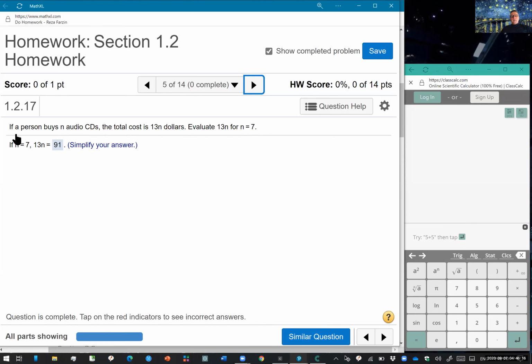And learn it. So if a person buys N audio CDs, the total cost is 13N. So what does that tell you about the cost of each CD? Can you tell me? See, the thing about algebra that is so important, because this is pretty much algebra that we're doing right now, is that algebra is the very first class in your life when you start moving from the concrete.